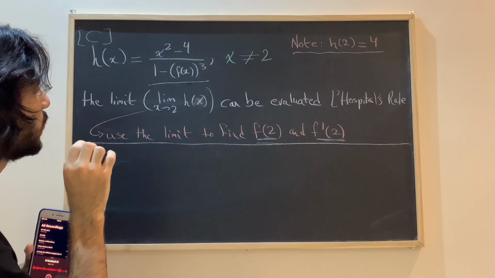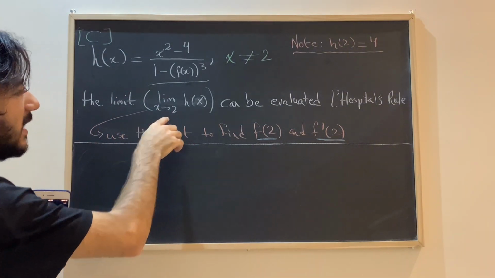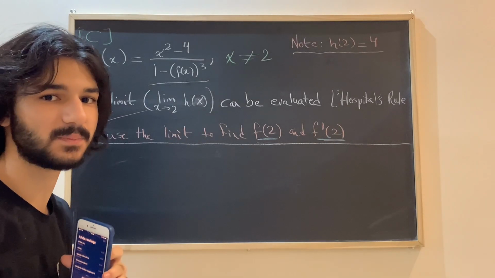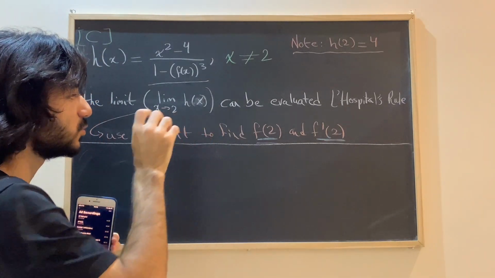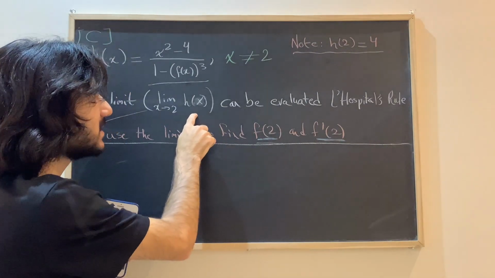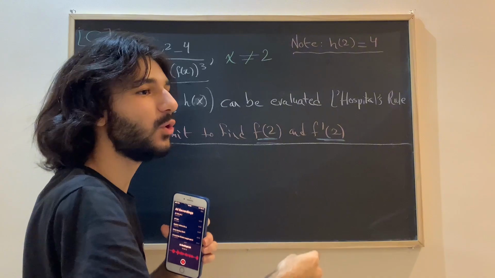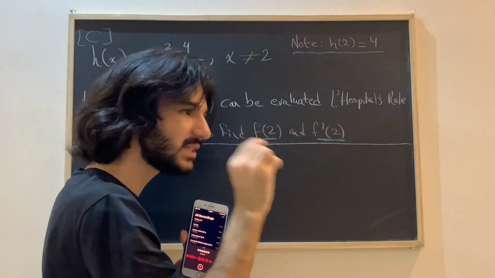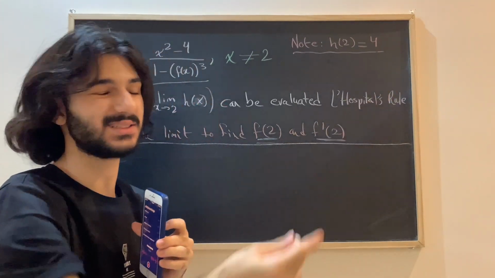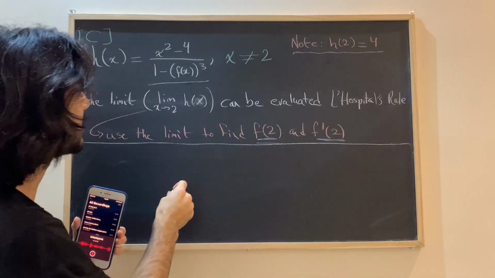Okay, so firstly, the limit of h(x) as x approaches 2, what's the value of that? Since h(x) is twice differentiable and continuous, the value of the limit is going to equal the value of h(2) at that specific point, which is 4.